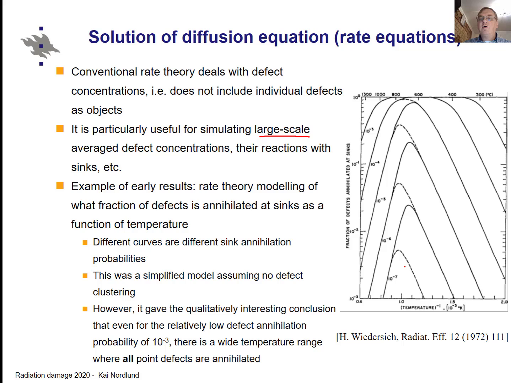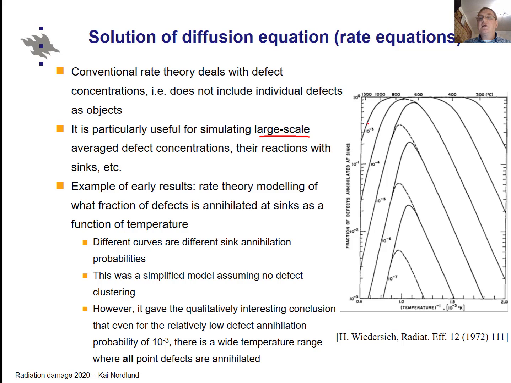The different curves here are different sink concentrations. So 10 to the minus 3 is a much higher concentration of sinks than 10 to the minus 4 and so on. The minus 3 is 1 in 1,000 sinks per atom and so on.